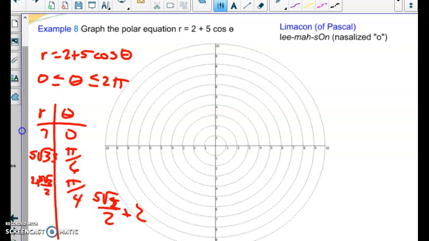And let's see if I can find a couple of these values. So at pi over 6, we said we were at 5 root 3. I'm going to get that as a decimal. 5 root 3 equals 8.66.